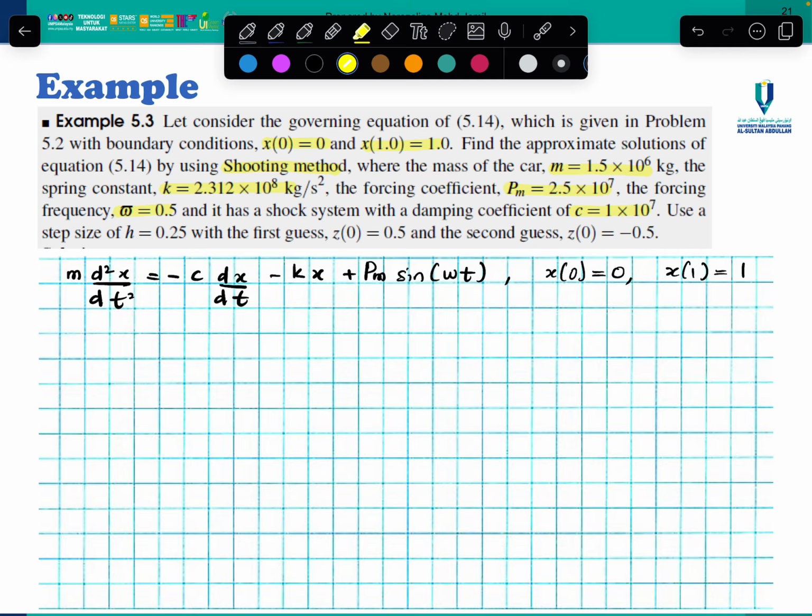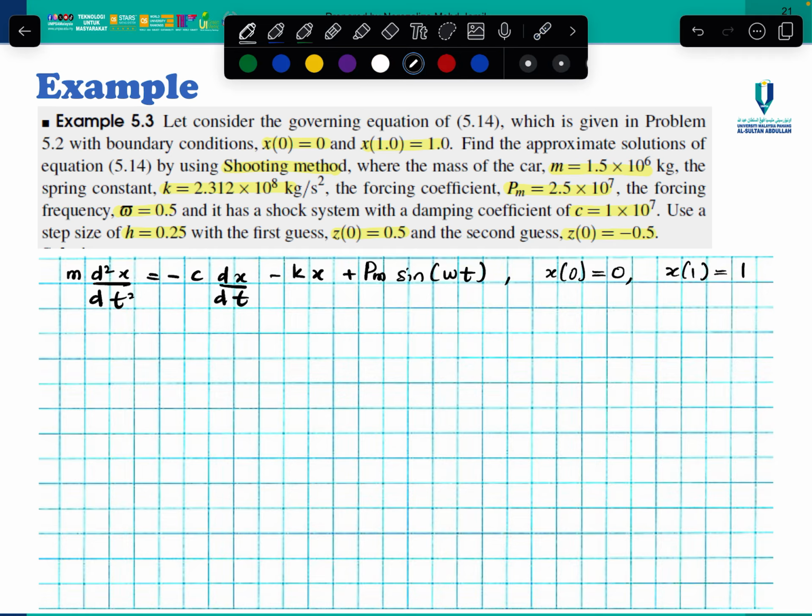Use a step size of h equal to 0.25. Okay, this is important, we have to take note of the value of h, with the first guess z0 equal to 0.5 and the second guess z0 equal to negative 0.5. Now in this question you are provided with the first and the second guess values.